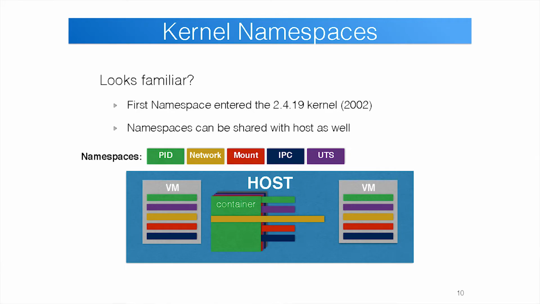If you start a container, all of the namespaces by default will be created for this specific container. But what you can do, and where this thought experiment of, yeah, it's just a virtual machine breaks, is that you can share namespaces. So you can have two containers sharing the same network namespace, as I indicated here with this yellow rectangle in the back. But they could also share the same PID namespace so that they see each other's processes.